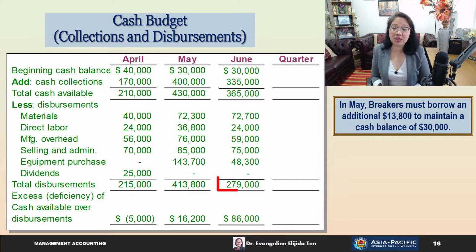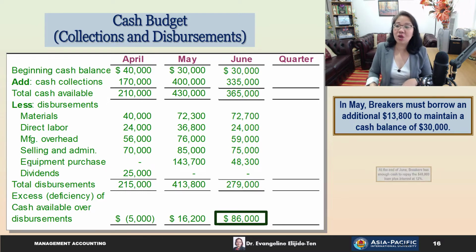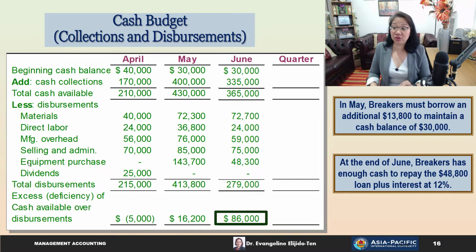So our total disbursements for June is 279,000, whilst our cash available is 365,000, giving us cash available over disbursements of $86,000. So in June, Breakers will have enough cash to repay the 48,800 loan from the line of credit, including the interest of 12%.